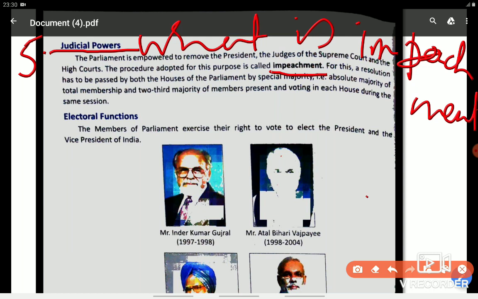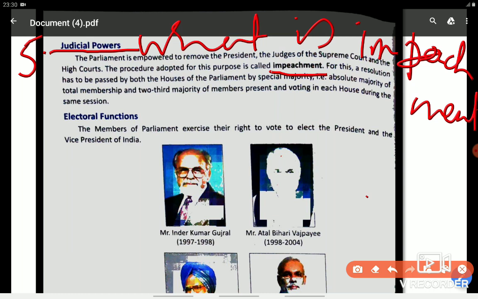But the only basic difference is that in India we have a parliamentary form of government, not a presidential form of government. In America there is a presidential form of government where the president is the real head. But here in India, the real head is the Prime Minister.